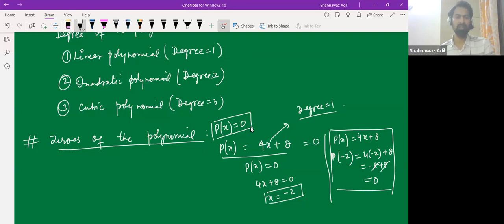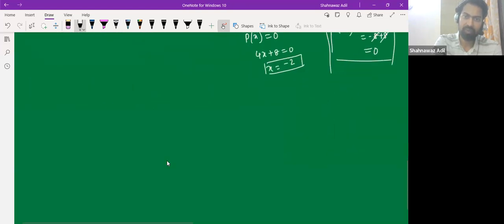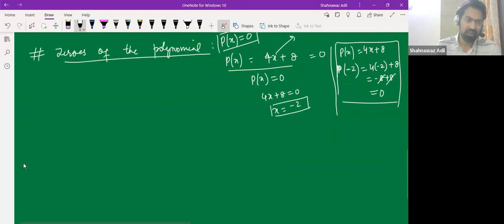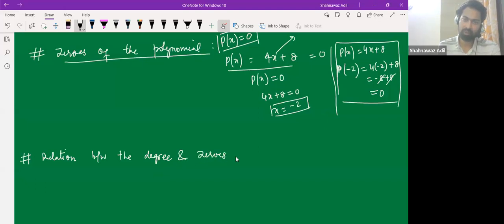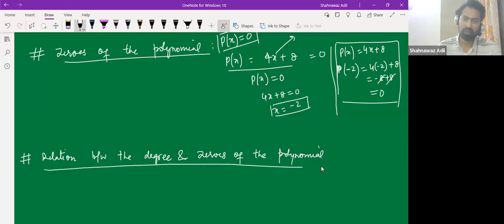Those values would be called the zeros of the polynomial, right? So this was about the zeros of the polynomial, and in the second chapter we have an extensive use of these. But before that, we have a relation between the degree and zeros of the polynomial. So we have the degree of the polynomial and the zeros of the polynomial.